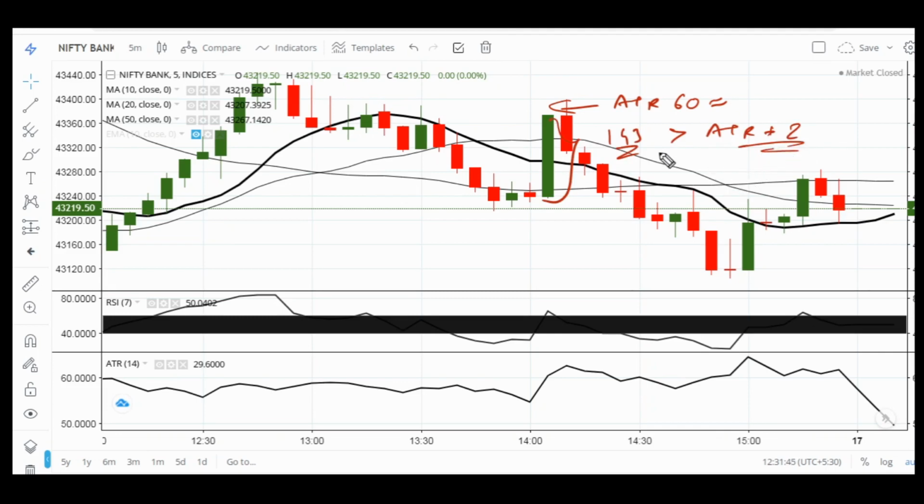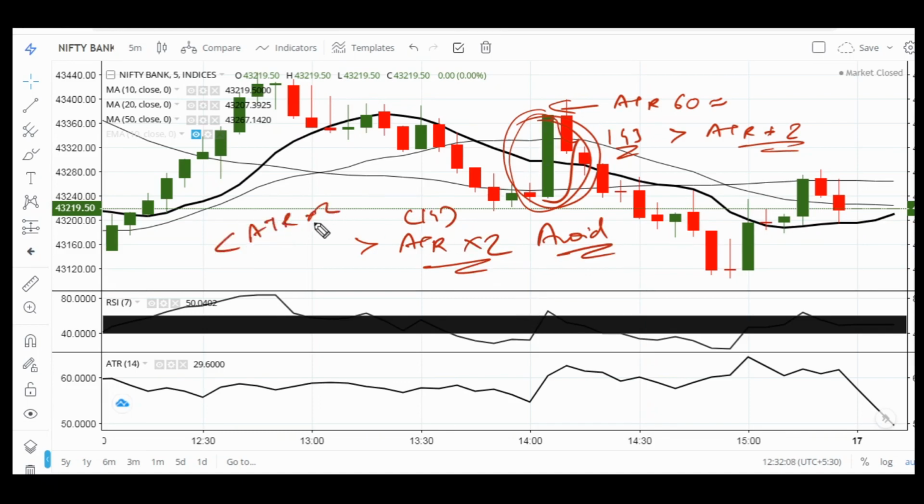So if you want to avoid this type of trades, you can use the condition that if the candle length is greater than ATR into 2, then avoid trading that candle. So the candle length should be below ATR into 2. This type of modification you can try.